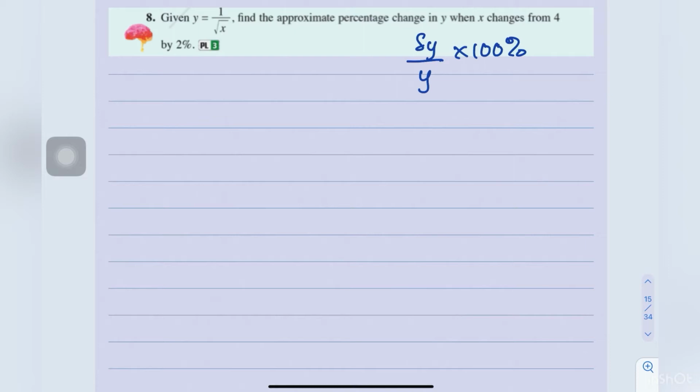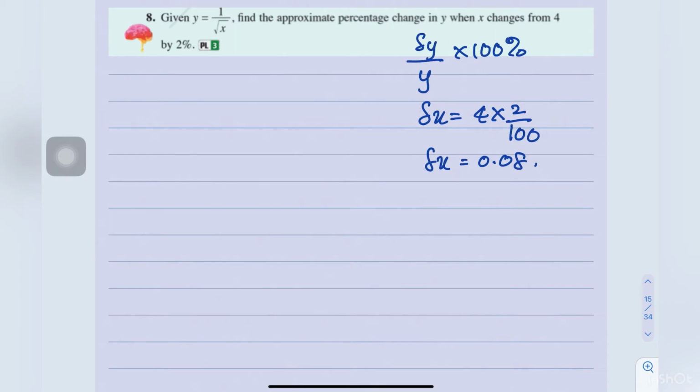Given that x changes from 4 by 2%, delta x is 4 times 2 over 100, which is 0.08. So delta x is 0.08.